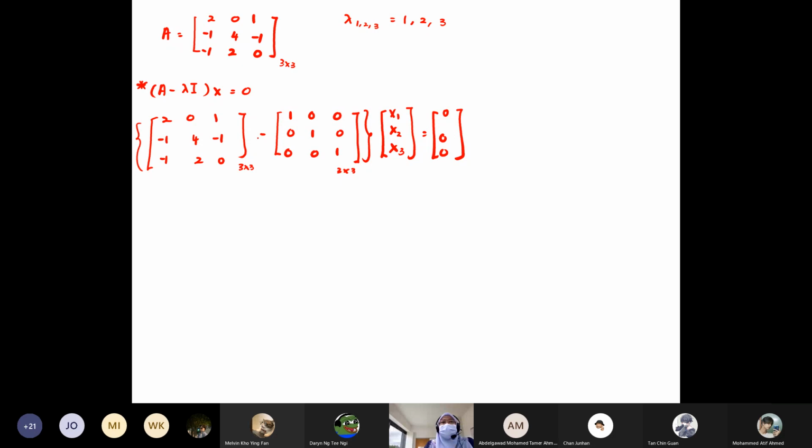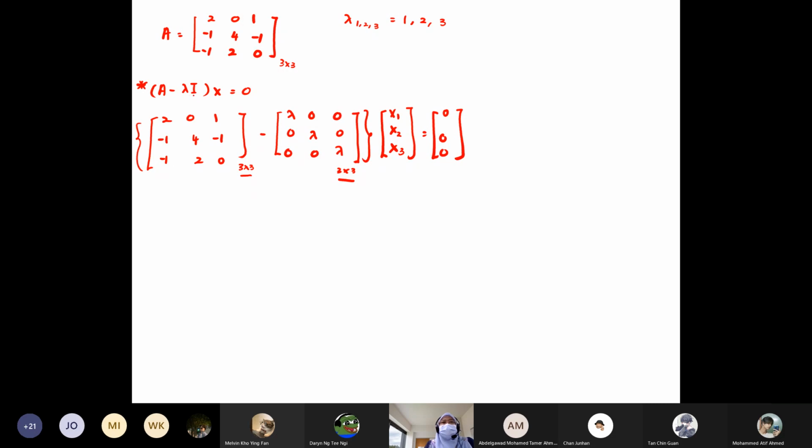If you want to do any operation regarding the matrices, you have to check the size of the matrix. If the sizes are the same, you are able to proceed with the subtraction operation. When you simplify, sorry, this one is supposed to be lambda times I, so this one should be lambda, lambda, and lambda.